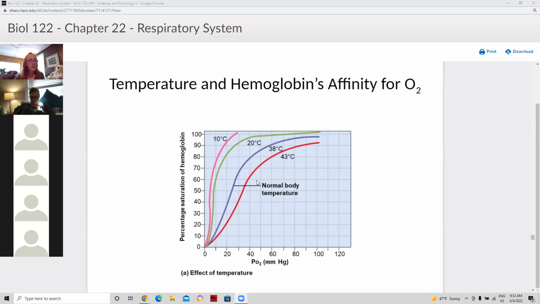So a shift to the right of this dissociation curve means a reduced affinity of the hemoglobin for the oxygen. A shift to the left means that the hemoglobin has an increased affinity for the oxygen.